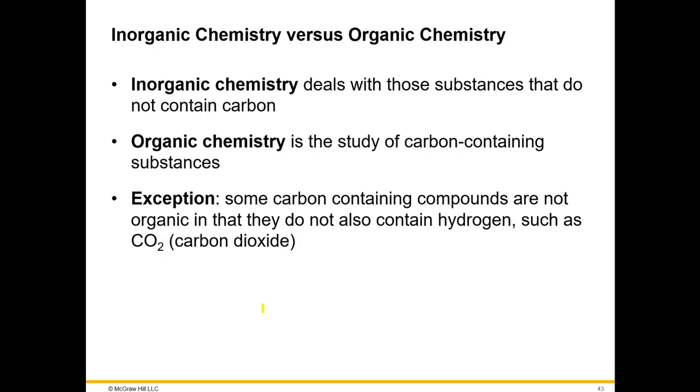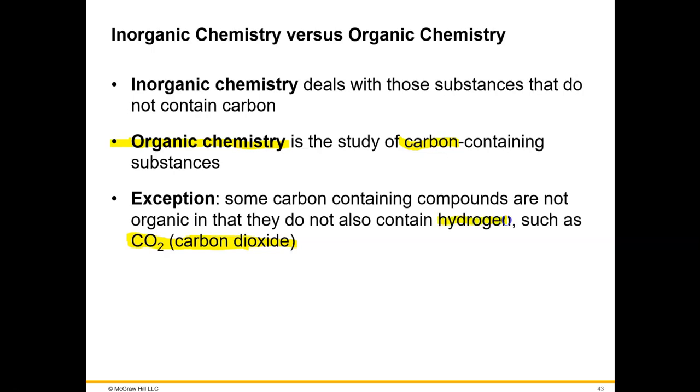Okay, and we're also going to talk about organic chemistry versus inorganic chemistry. Organic chemistry is always substances that contain carbon, but there are some exceptions. Carbon dioxide is not organic. It's an inorganic molecule. For the organic chemicals, they're going to have carbon, but they're also going to contain hydrogen.